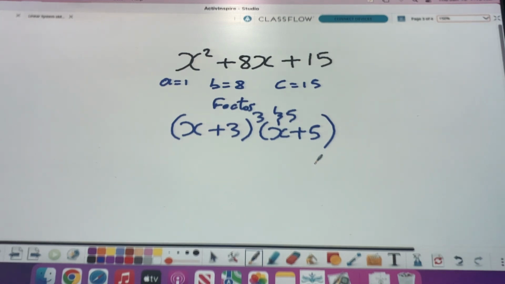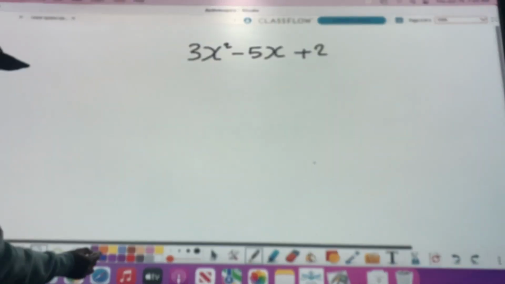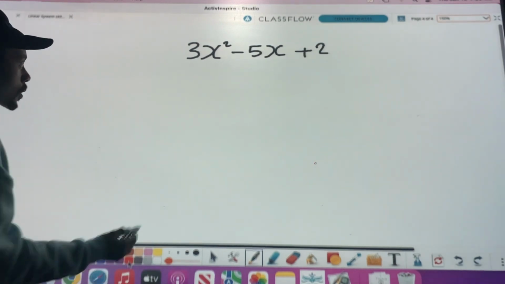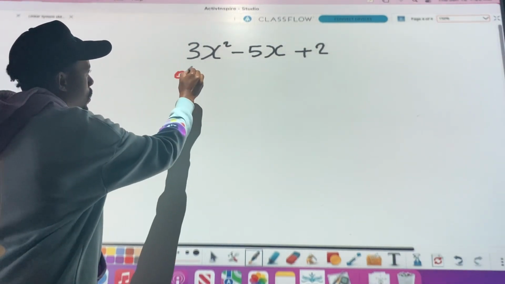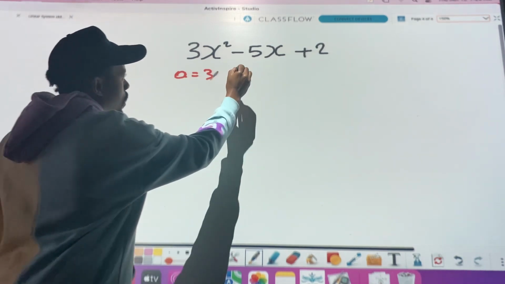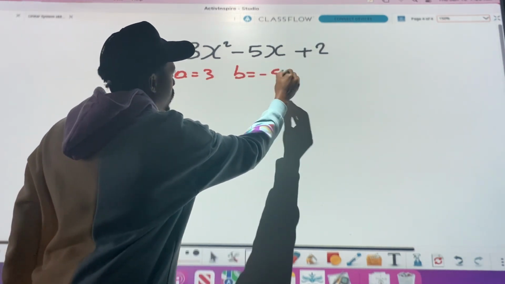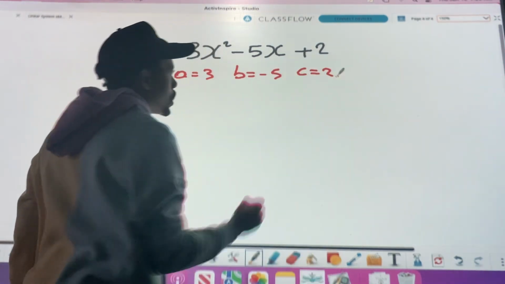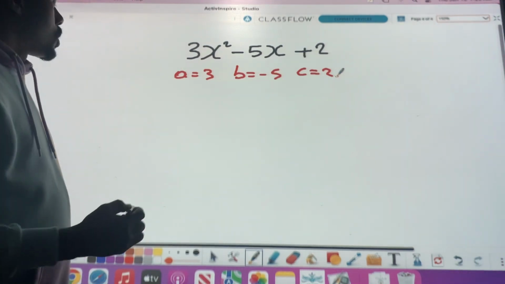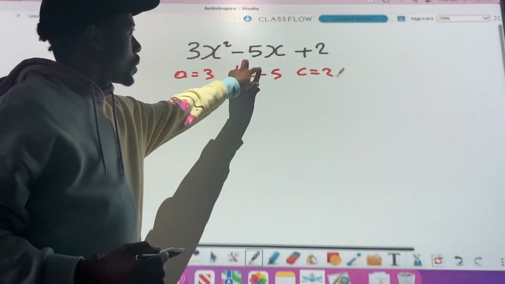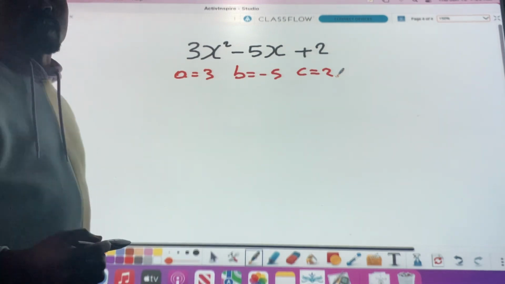Alright, so let's move on to another question where the a value is greater than 1. So here's the scenario. a is 3, b is minus 5, c is 2. This is called decomposition. So we're going to decompose the middle term, break it down into two, then we do factor by grouping.